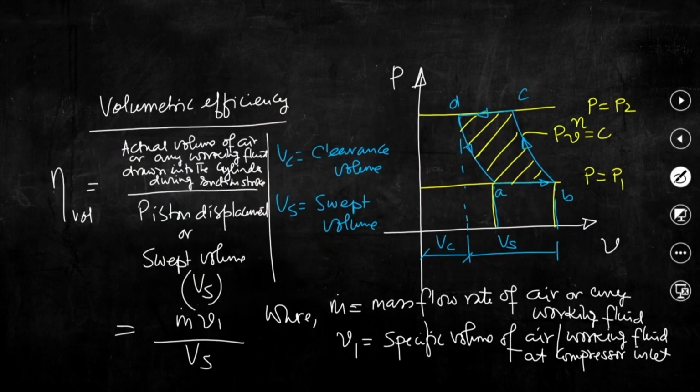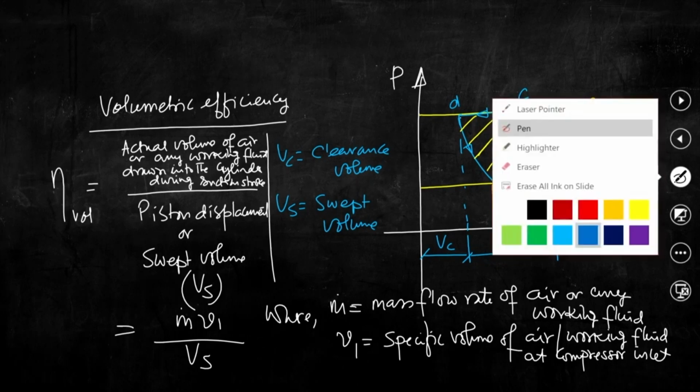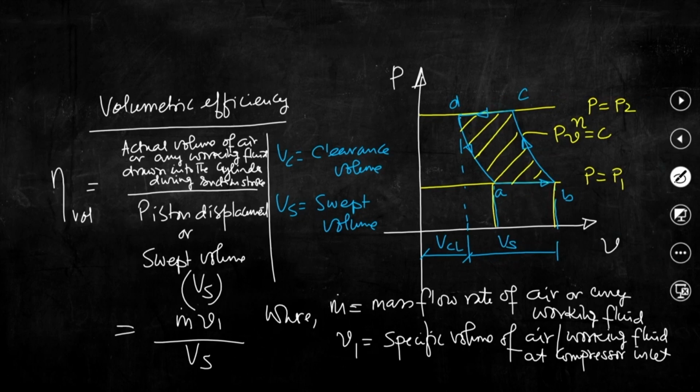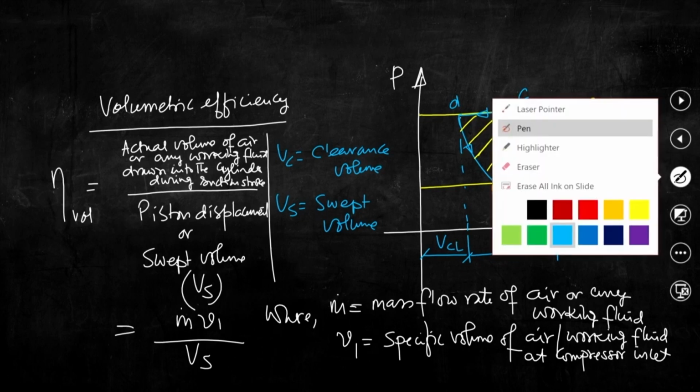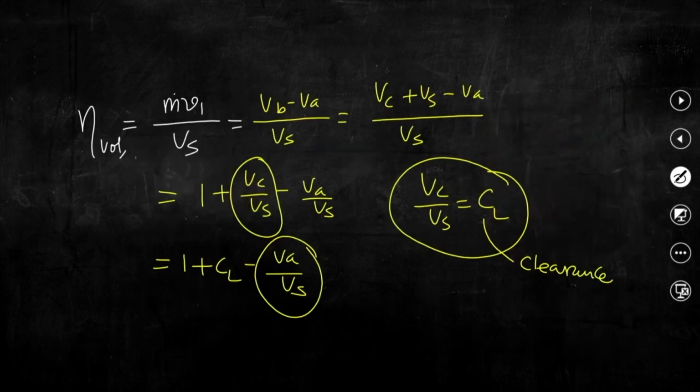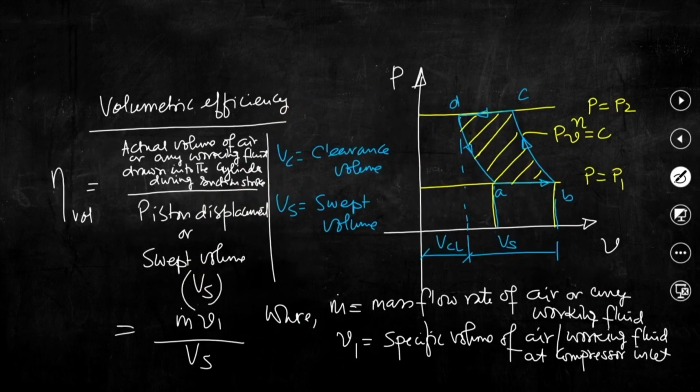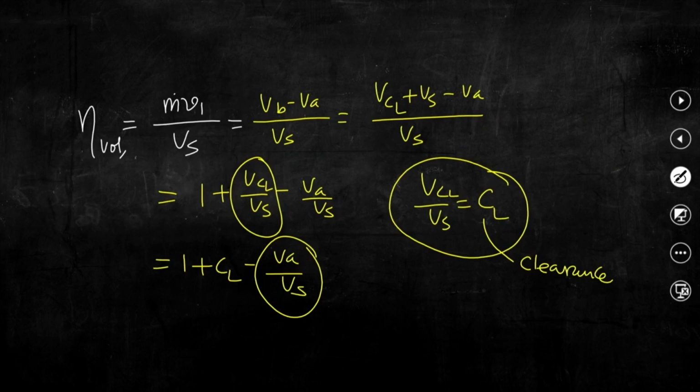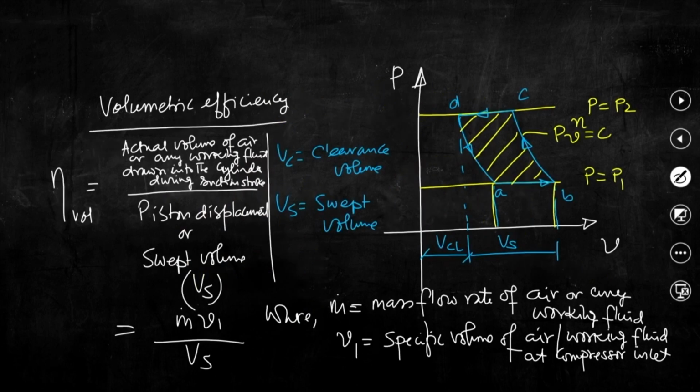I should say this is clearance volume, so this is VCL. VCL by Vs, that is Cl. Next, otherwise it will be confusing, because I have also used the point C here.